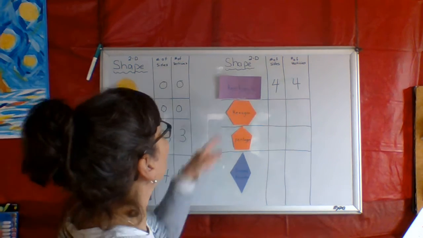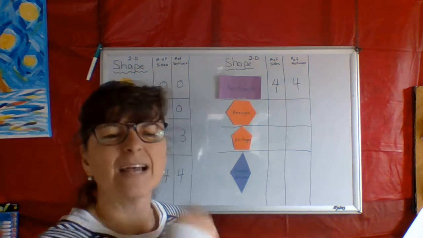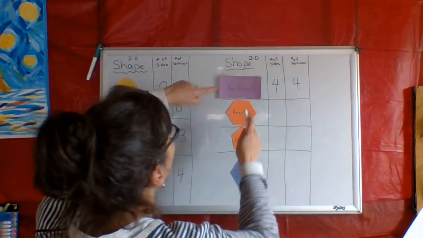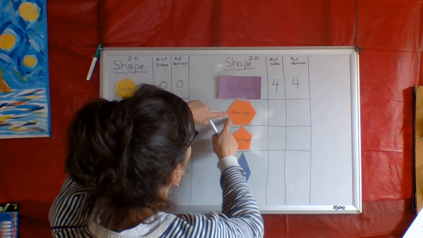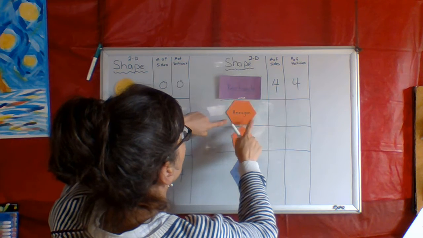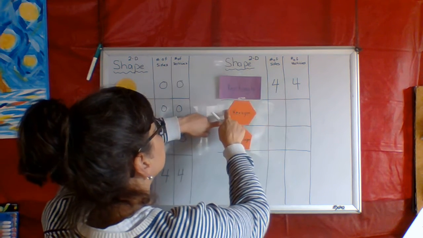Great job. Okay, next we have, let's count the sides first. Maybe that'll give us a clue of what it's called. Let's start over here. I'm going to start here and count this side. So we're going to go 1 side, 2 side, 3 side, 4 side, 5 side, 6 side.